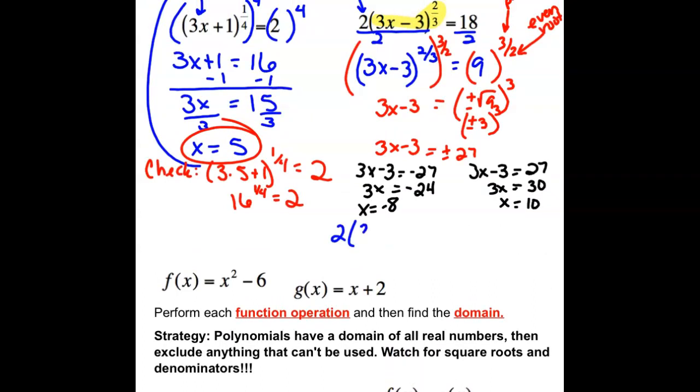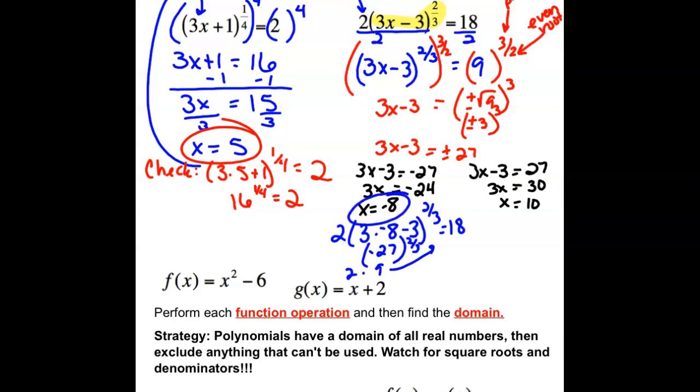So 2 times the quantity 3 times negative 8 minus 3 to the 2/3 is supposed to be 18. 3 times negative 8 is negative 24, minus 3 more is negative 27. To a 2/3 power, if we take the cube root, we get negative 3, then we square it, we get 9, and 2 times 9 does give us 18. So that one did work.